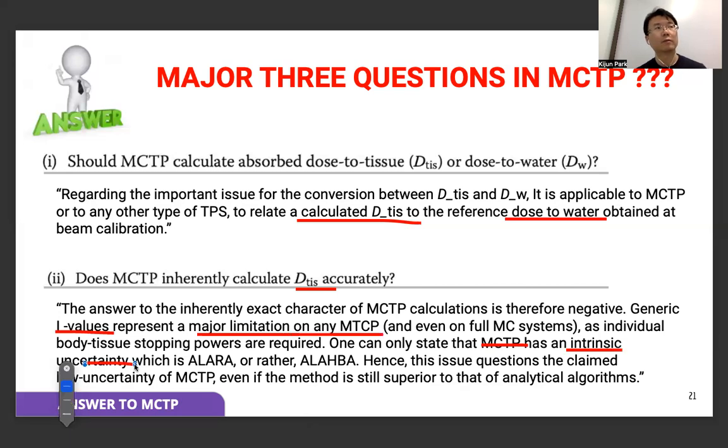Under ALARA conditions with enough statistics, the MCTP already gives accurate enough calculations on top of this intrinsic uncertainty. So this is still a sound methodology compared to other analytical dose calculation algorithms.